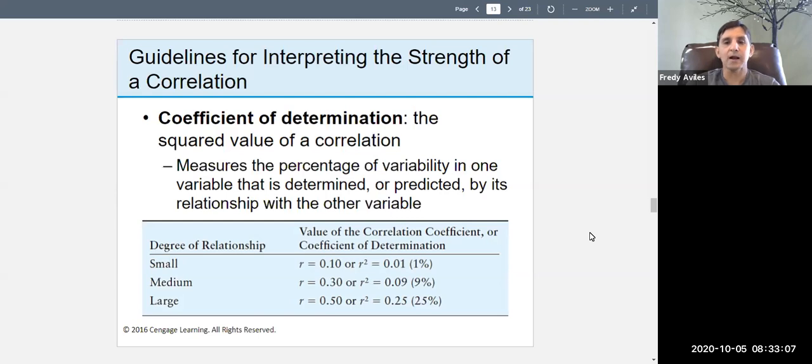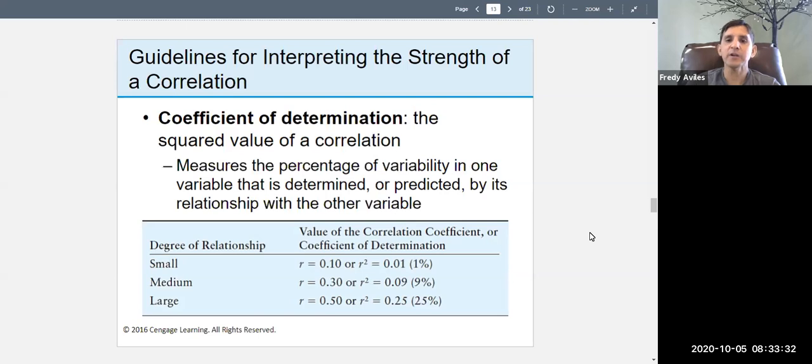So if you square, let's say R equals 0.10, you get R squared equals 0.01, okay, which stands for 1%. By the way, if you square R equals -0.10, you get exactly the same number. R squared equals 0.01.